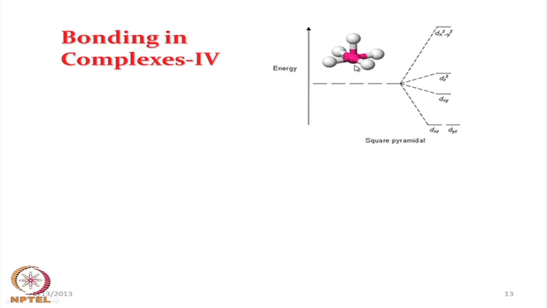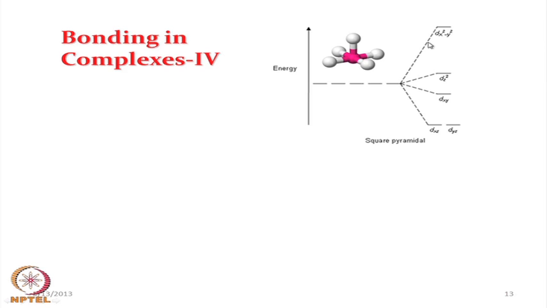One of the ligands we are pushing from the metal-ligand distance to an infinite distance, so this particular orbital will be stabilized. The orbitals having a z component will definitely be stabilized. So, from the Eg set, dz square will be of lower energy compared to dx square minus y square. Similarly, from the T2g set, the orbitals having the z component, like dxz and dyz, would be stabilized compared to dxy.